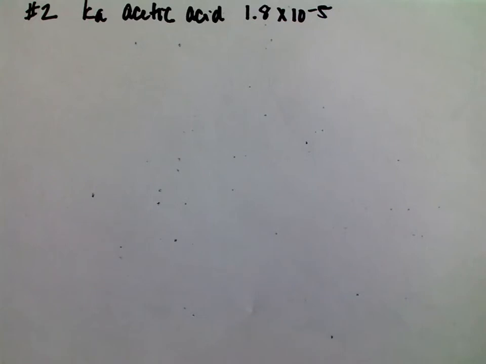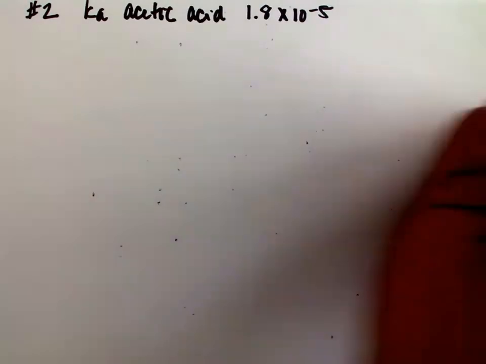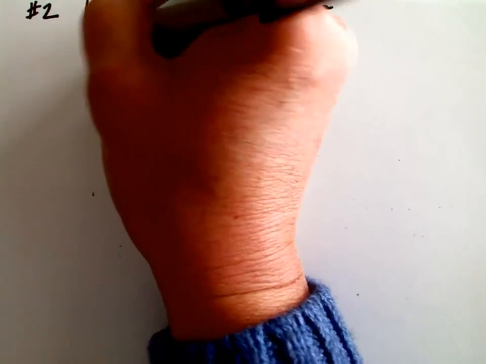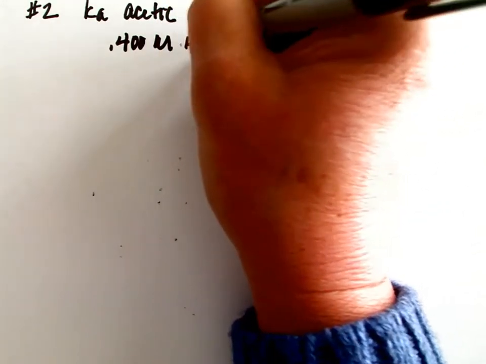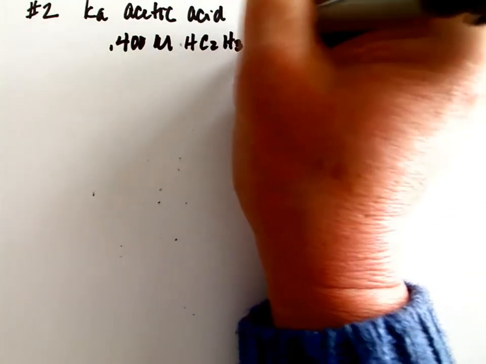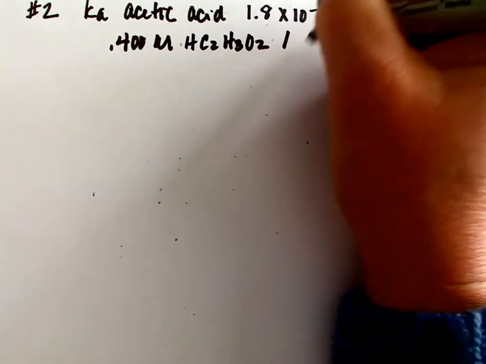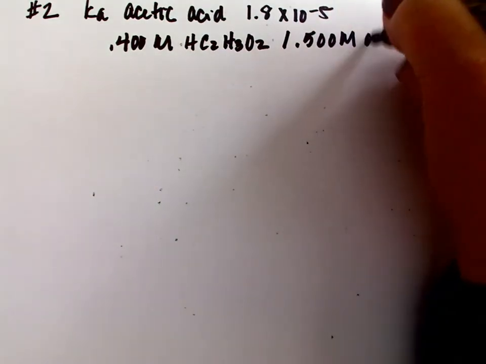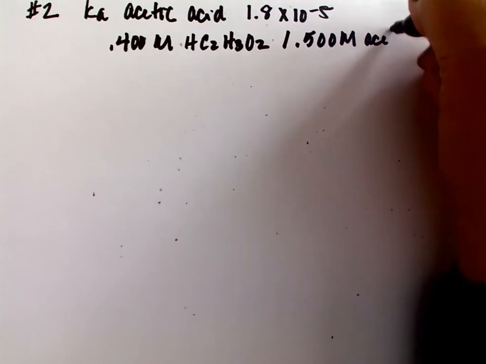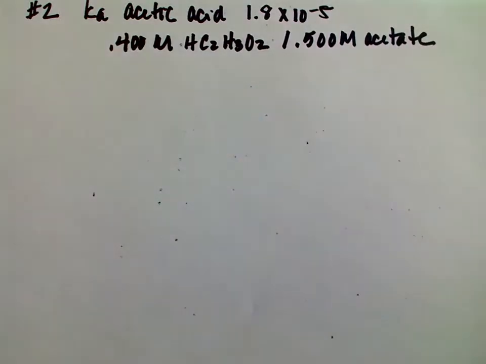So again, we're seeing a salt with the conjugate base of this weak acid. This is in 1 liter of solution, so we have our molarities. Our buffer is 0.400 molar acetic acid, and it is 0.500 molar acetate, conjugate base.